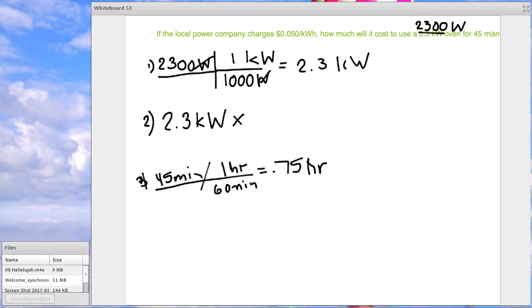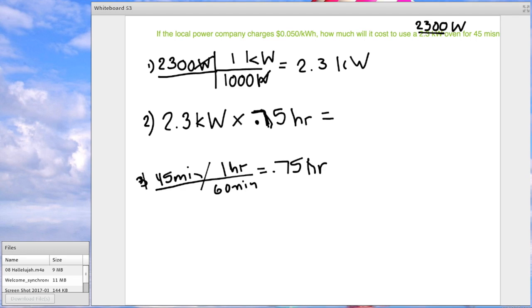So I'm going to have 2.3 kilowatts times 0.75 hour, and I'm going to get an answer.